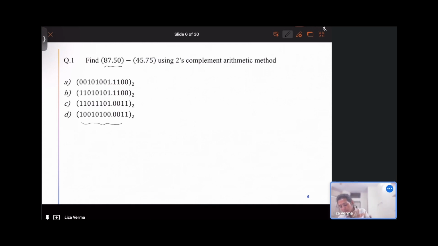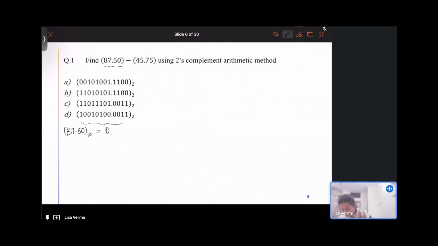So let's convert 87.50 in base 10 to a binary string. How do you convert it? 87.50 will be, first of all, since it's a positive number, I'll add a 0 for its sign.